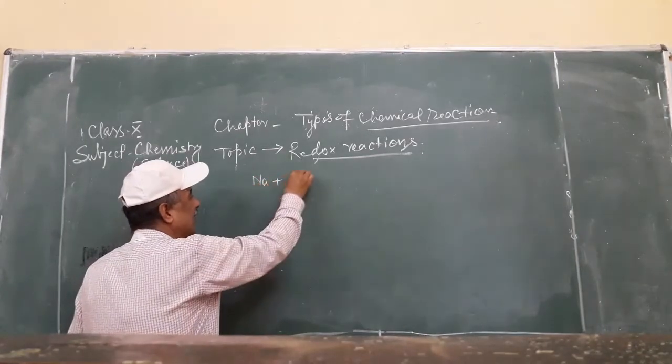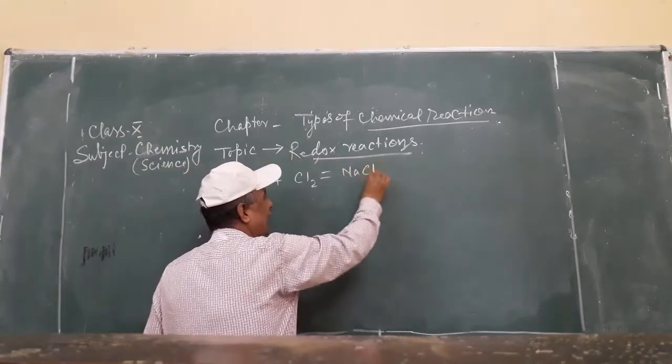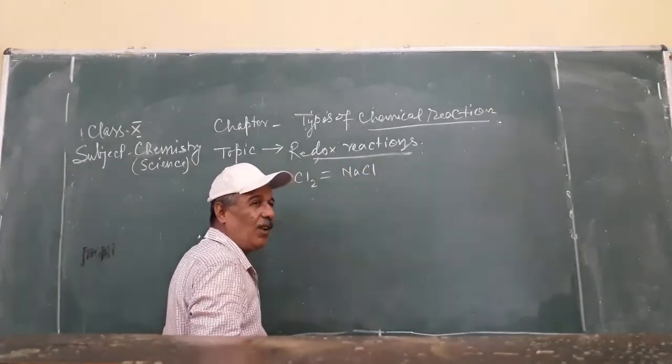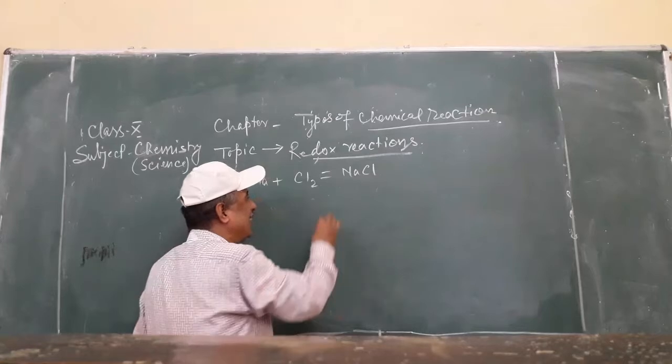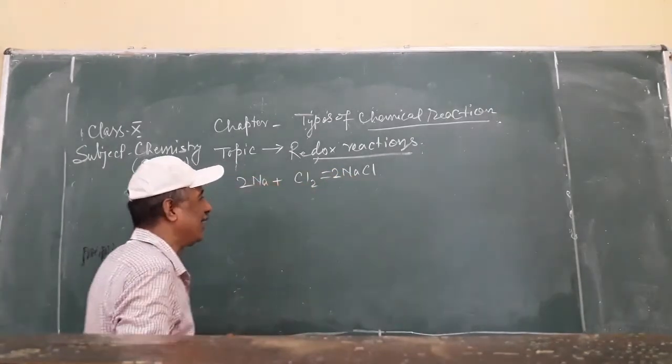Na plus Cl2, it forms NaCl. Dear students, now we also know the way of balancing, so we will place here 2, here 2. It is a balanced chemical equation.